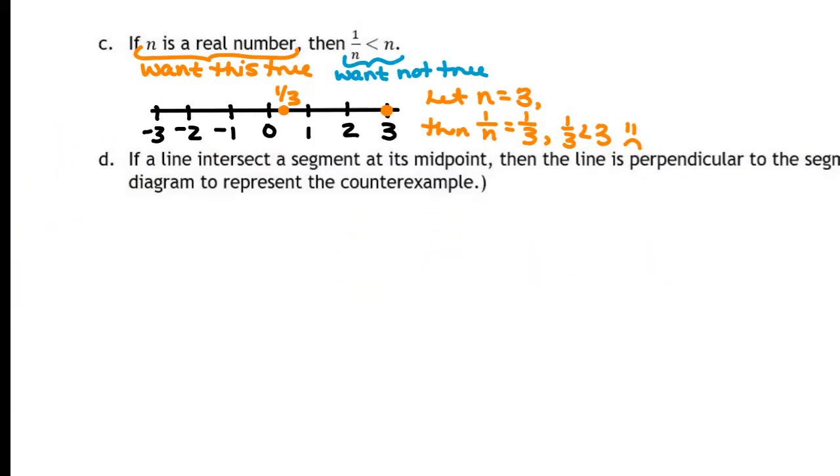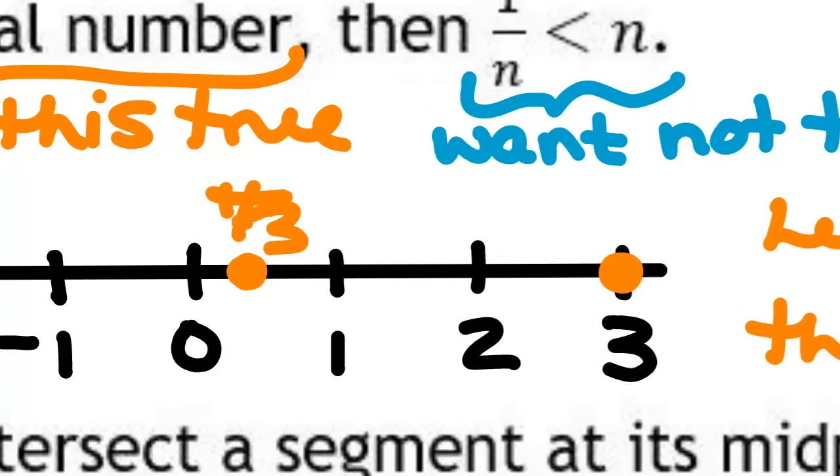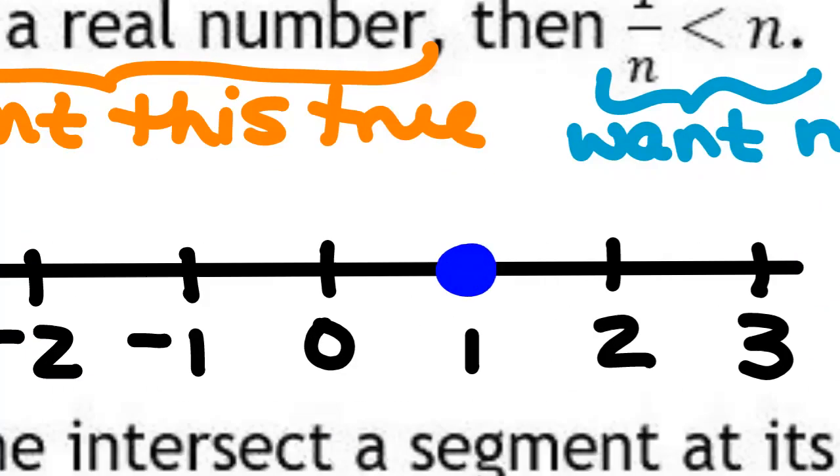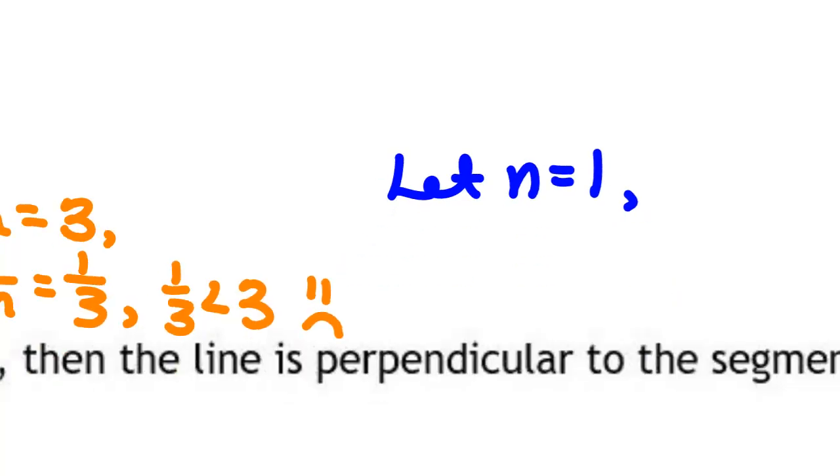I need a number so that when I do 1 over the number that I choose, I don't get something that is less than it. Let's try 1. Let n equal 1. Then 1 over n would be 1 over 1.